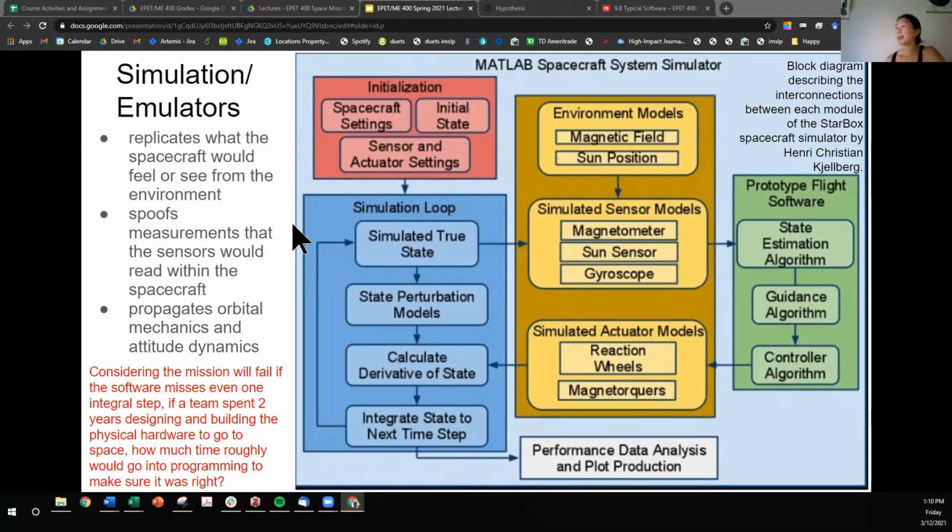On the right is a diagram built in MATLAB. It's a block diagram that shows how a simulator could work, the inner workings of a simulator.